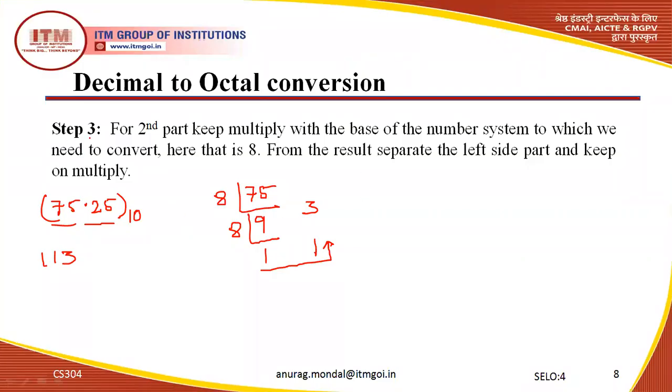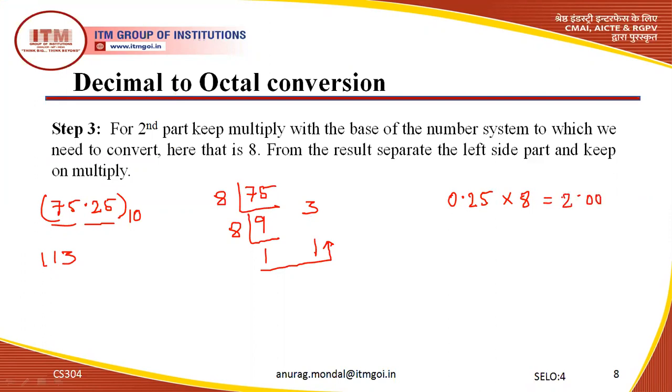Now in step 3, we have to multiply 8 with the second part. What we have in the second part? 0.25. So we need to multiply with the base to which we need to convert. We need to convert from decimal to octal. Base is 8. So after multiplication, what we have? 2.00.